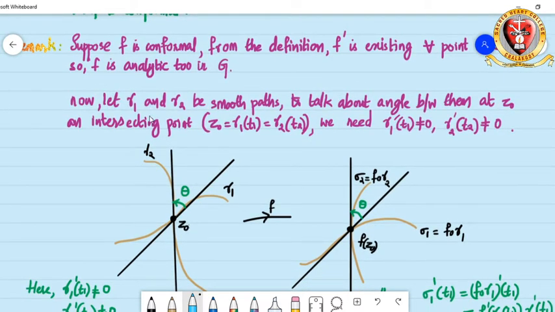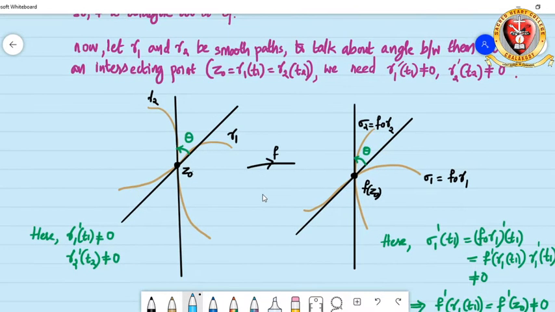For that we take two smooth paths gamma 1 and gamma 2 to talk about the angle between them at the intersecting point z naught, which is equal to gamma 1 of t1 and gamma 2 of t2, both the same. We need to assume that gamma 1 dash of t1 not equal to 0 and gamma 2 dash of t2 not equal to 0 to draw the tangent lines. That is the logic behind that.